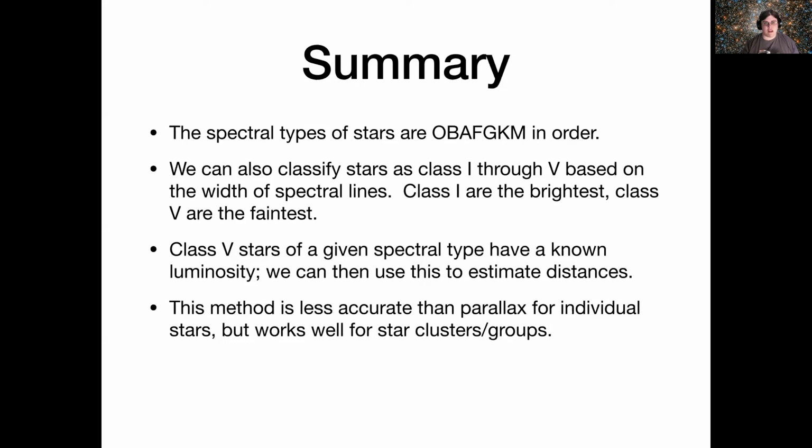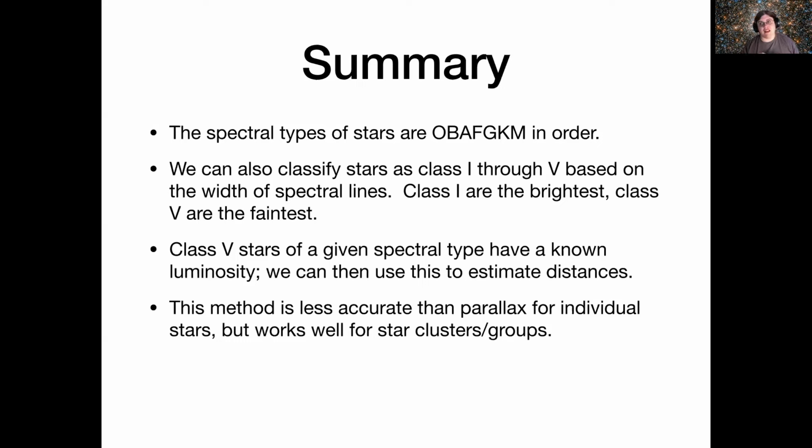So in summary, we have the spectral types of stars, O, B, A, F, G, K, M. We also have this luminosity class, where 1 are the brightest supergiant stars to 5, which are the fainter main sequence stars. The main sequence stars are the most common stars in our galaxy, our neighborhood, all kinds of stuff.